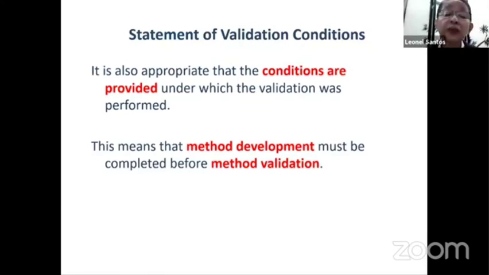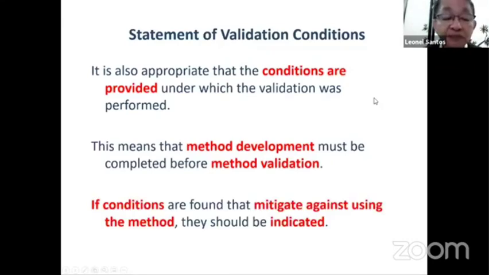It is good to document all those method development because when you have difficulty with your methodology in analyzing your sample and you have to go back and analyze the conditions, what you have to change. For example, you're trying to do an alternative procedure. It is good to have background information on how you developed the method.